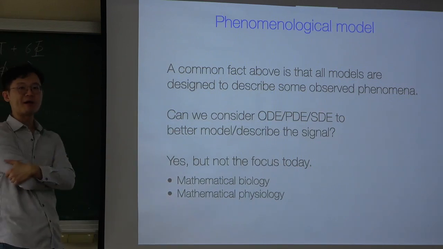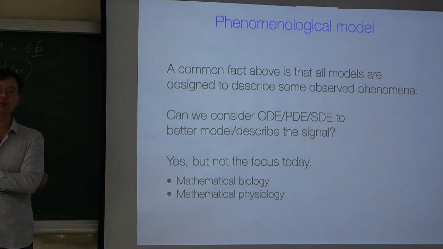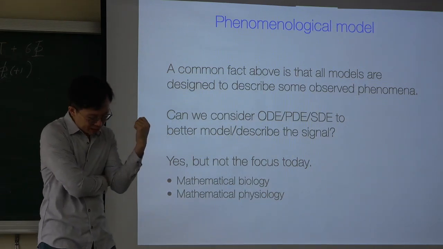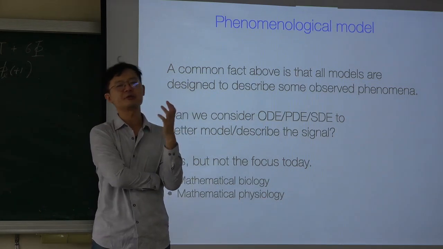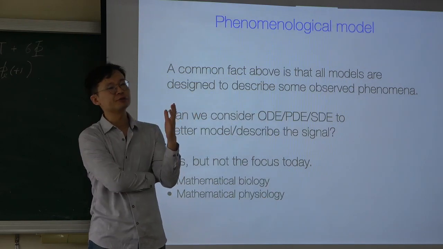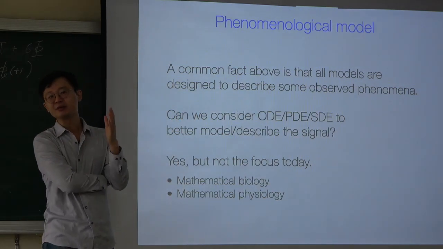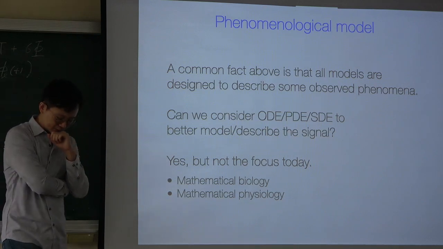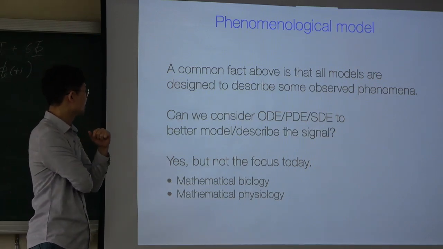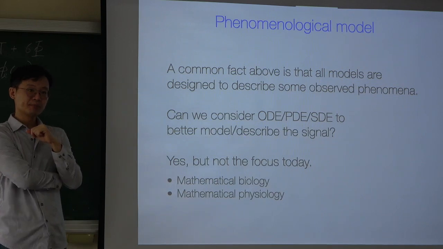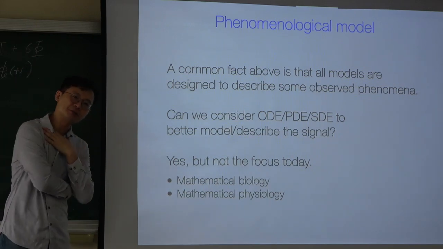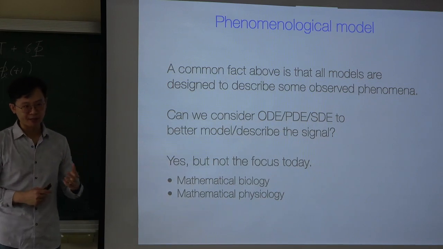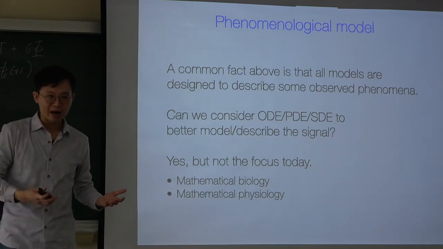Okay, so far you may have the following question. When we talk about modeling, usually we write down differential equations or even partial differential equations. But I don't see any of those here. What's going on? So this model, actually we call it a phenomenological model. That is, our physiological system is far too complicated for me to write down.